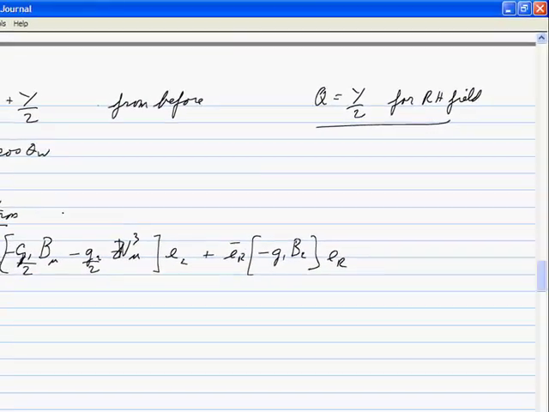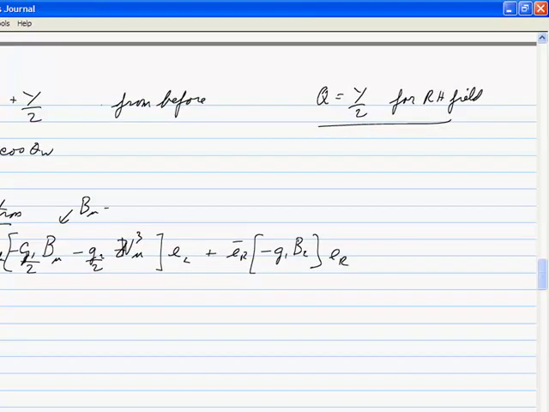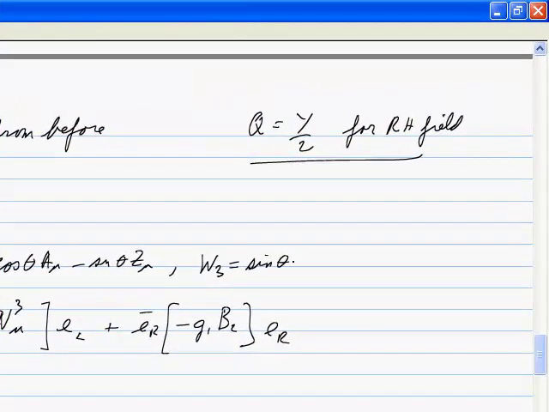Okay, so we take B mu as cosine theta A mu minus sine theta Z mu, and W3 is sine theta A mu plus cosine theta Z mu. So that's the mixing.